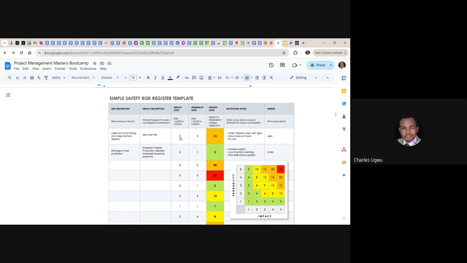Looking at this, 3 by 5 is 15. So that will tell you, okay, this is a high risk, but it's not so critical. It can take like a day or some days to be fixed. So the priority will determine the kind of attention given to it.